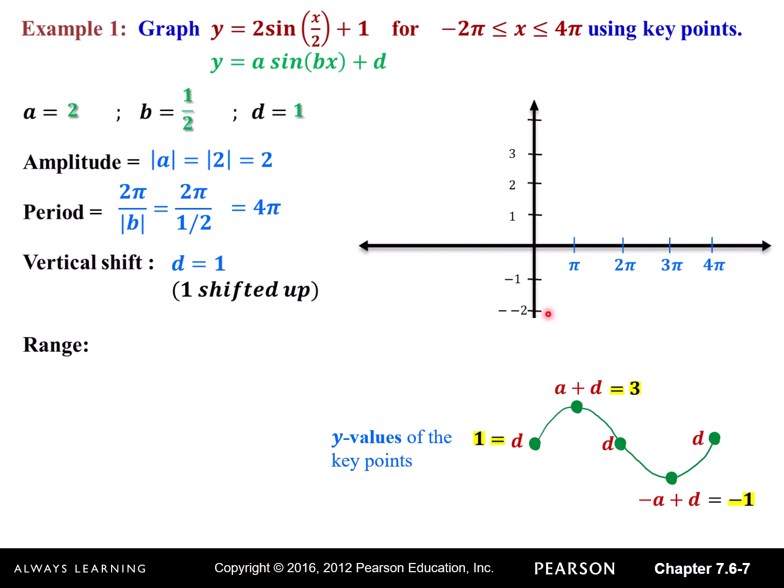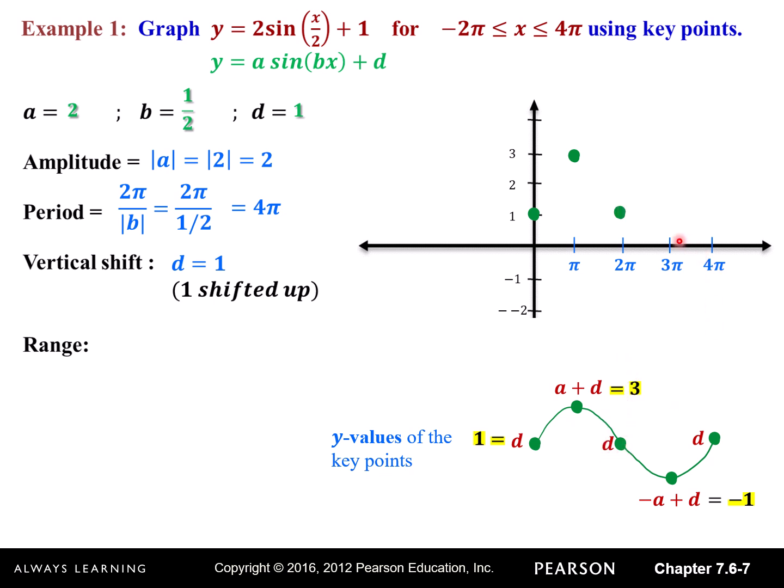So it means when the first angle is 0, the first y value is 1. So the point is 0, 1. You will plot here. And then the second angle is pi, and the second y value is 3. So it's pi, 3. Plot pi, 3. The third angle is 2 pi, and the y value is 1, so it's 2 pi, 1.